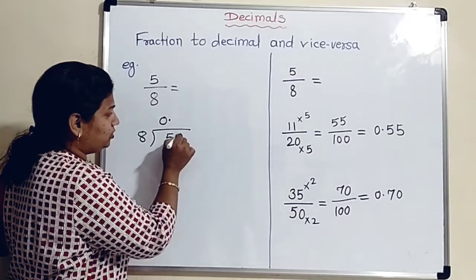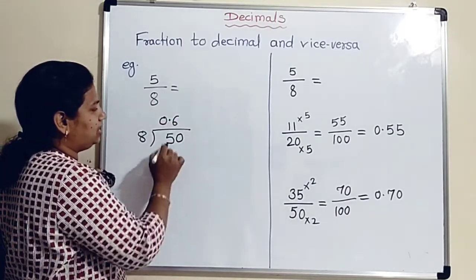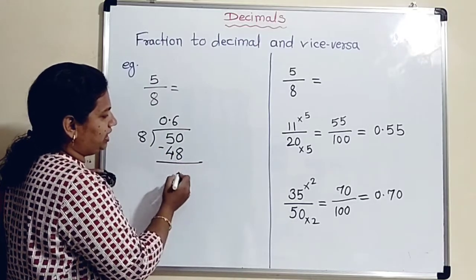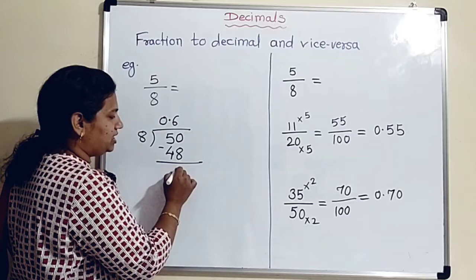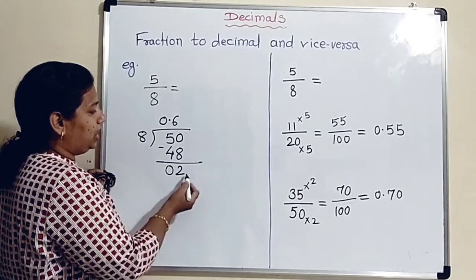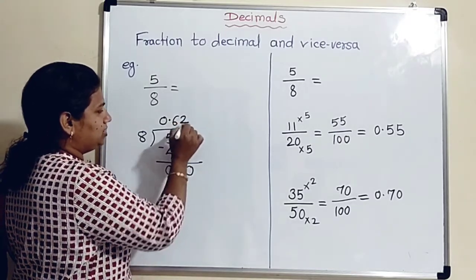So add one 0. Now when we divide 50, 8 6s are 48. Here we will get 10 minus 8, that is 2 and 0. Again we can add one more 0. 8 2s are 16.